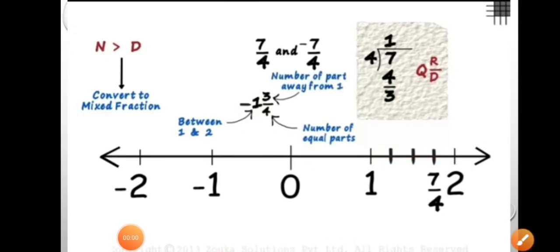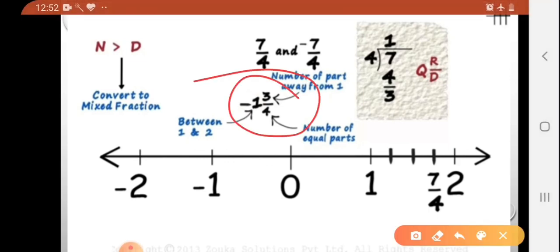Now, as you have got 1 whole 3 upon 4, first we are doing positive 1 whole 3 upon 4. Between 1 and 2, we have divided that part into 4 equal parts because we have got 3 upon 4 here, where the denominator is 4.